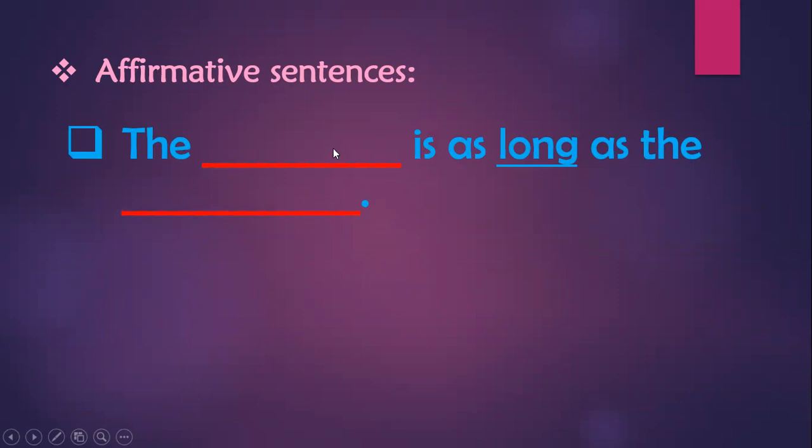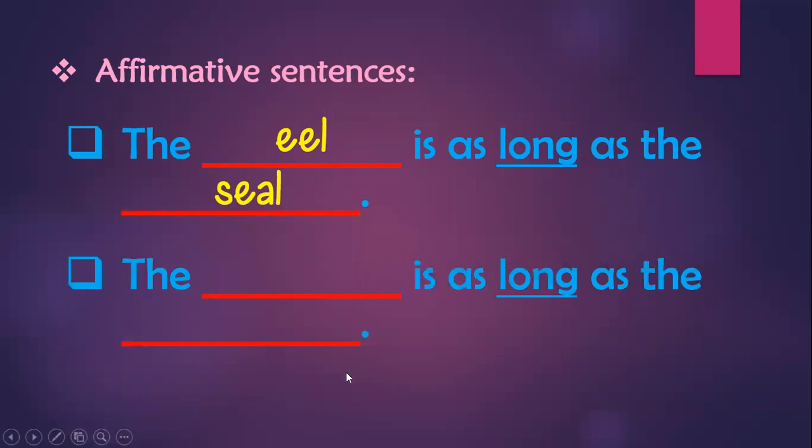There are 2 spaces we need to complete. In this case, long is an adjective. So here we have the eel is as long as the seal. One more time. The eel is as long as the seal.